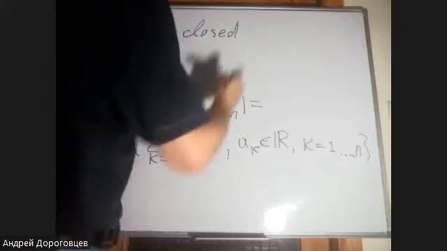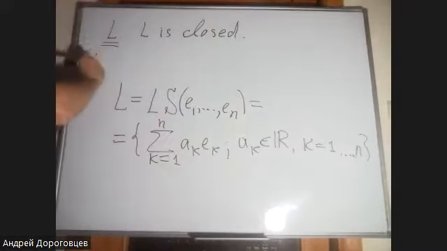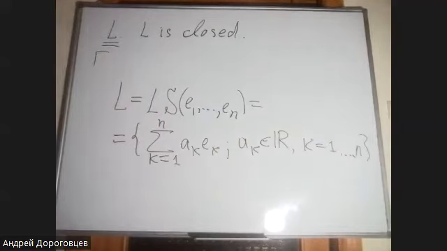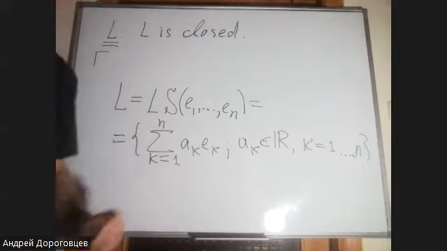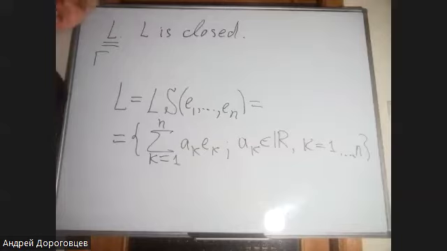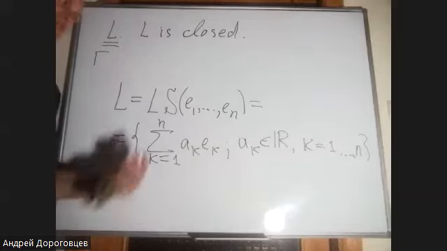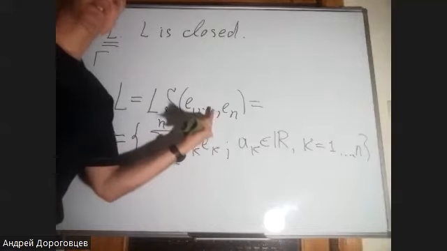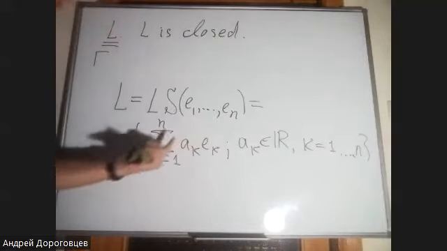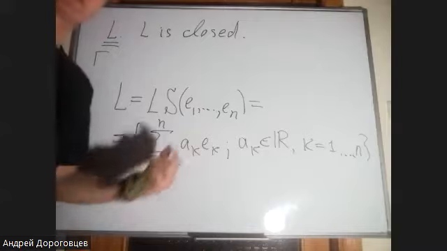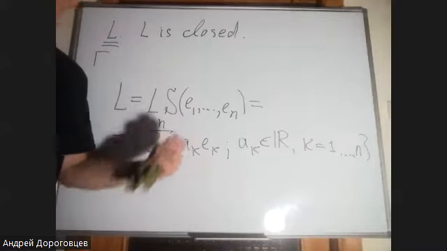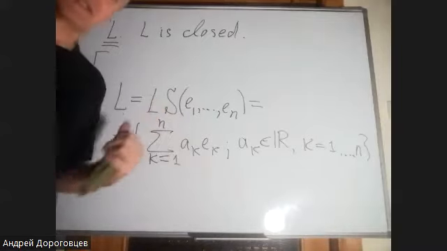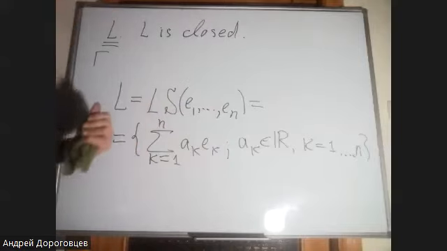Why is this so? Let us check only the case where these vectors are linearly independent. Due to the trivial algebra, one can take here a maximal independent system, and then any such linear combination can be rewritten in terms of those linearly independent systems.